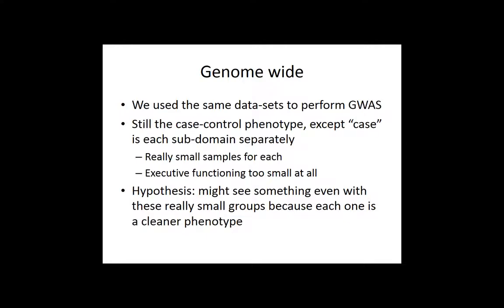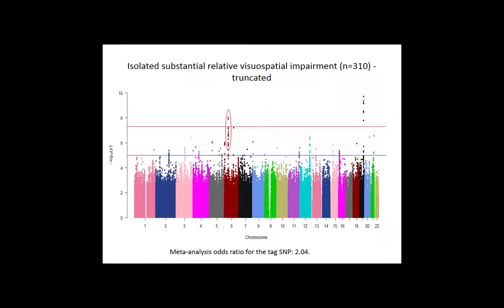It's the phenotype. And this is our finding for the visual spatial group, where we have a genome-wide significant SNP here on chromosome 6 with a nice broad area of chromosome 6 that I'm not going to show you here. And the tag SNP has an odds ratio of 2. There was no odds ratio of 2 in IGAP. Why? Because this is a cleaner subset of people who have a thing that is more like the other people with that thing.